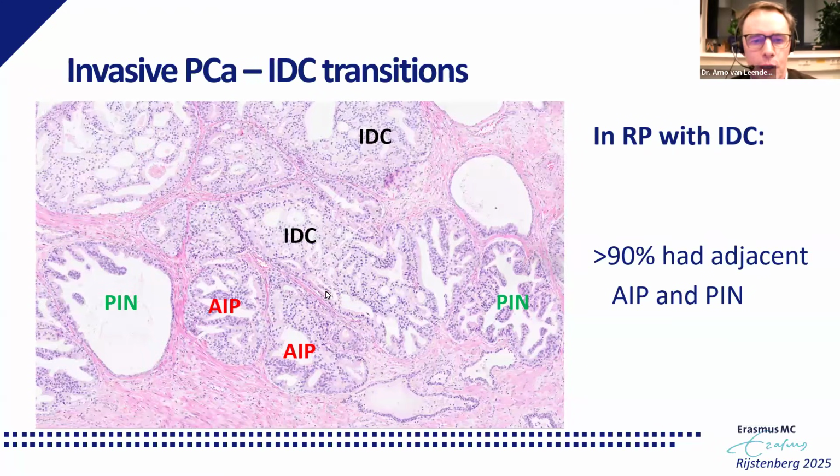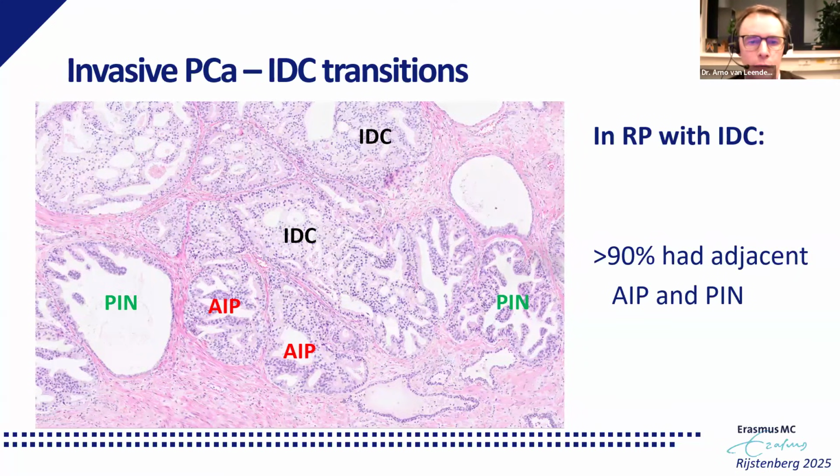So we were quite interested in what the transitions from invasive cancer to IDC actually look like. We therefore studied a set of 50 radical prostatectomies with IDC and characterized those in detail in several ways.